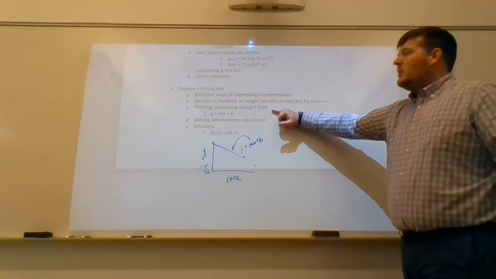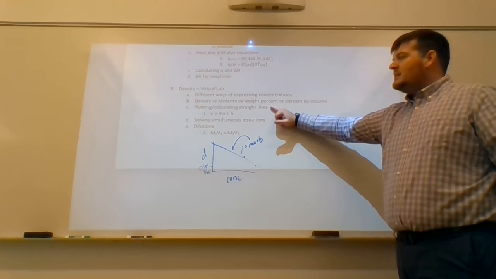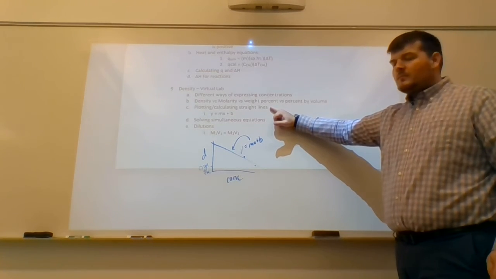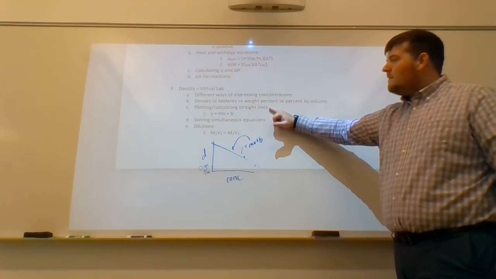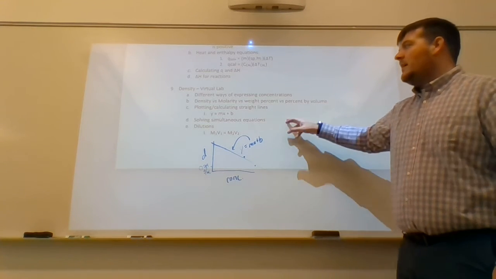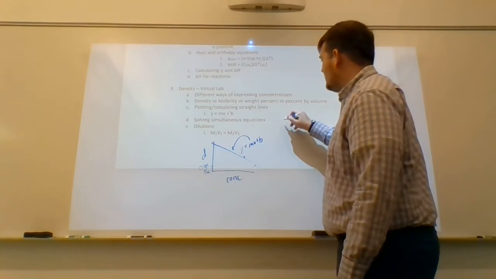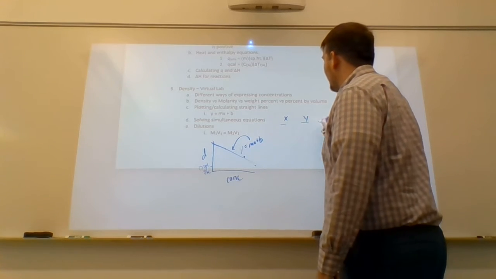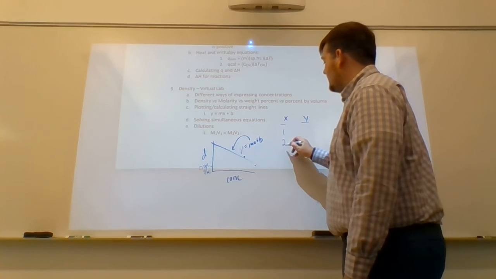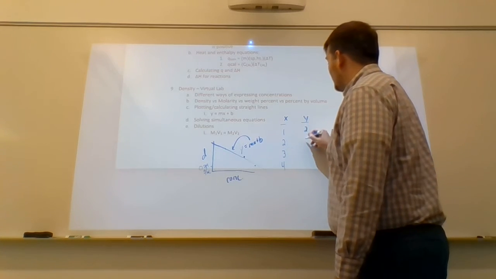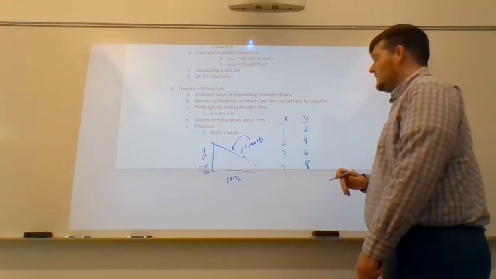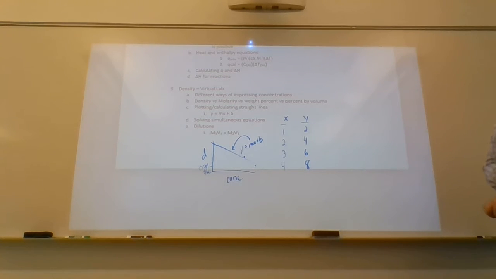Plotting and calculating straight lines, y equals mx plus b. I don't know what else I can talk about other than using this. If they gave you a table of x values and y values, 1, 2, 3, 4, and 2, 4, 6, 8, could you, from this information, make a y equals mx plus b line?